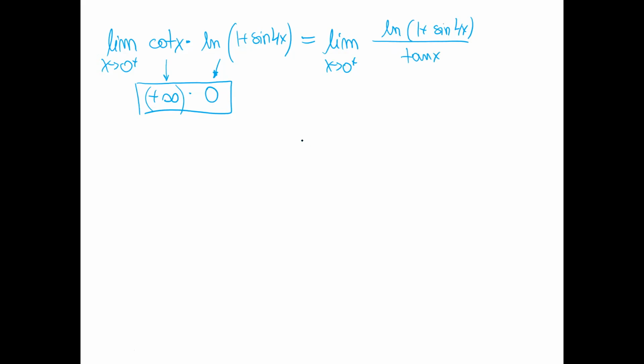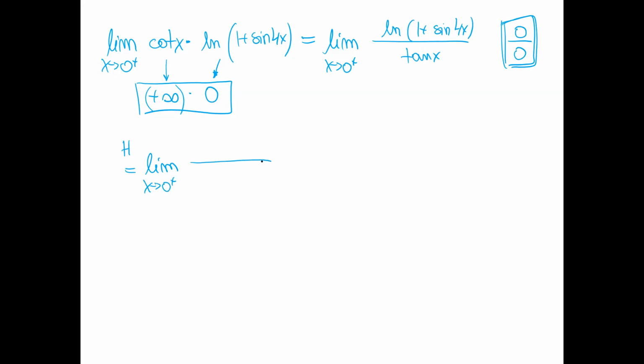Okay, let's do here the limit. Let's check what we have. ln at 1 is 0. Tangent at 0 is 0. We have indeterminate form 0 over 0, ready to apply the L'Hopital rule.